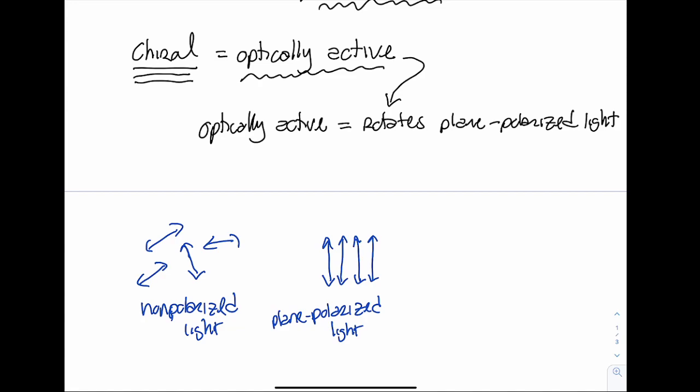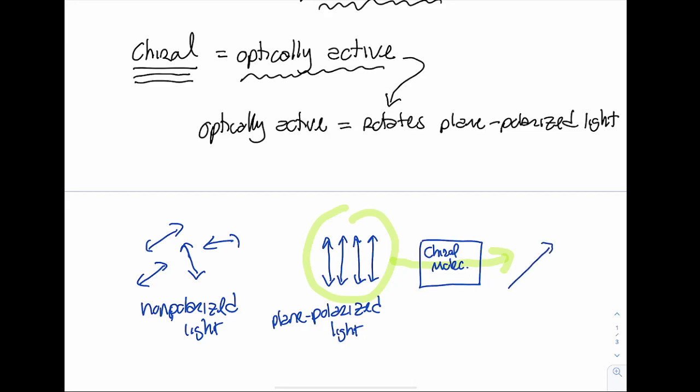So if I was to then take this light and shine it through a chiral molecule, right? So I'm taking this polarized light, I'm shining it through this organic molecule, and then what happens is it comes out rotated, right? I had it lined up completely like up and down, and now it's been rotated.